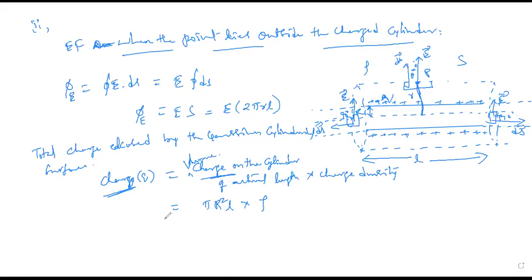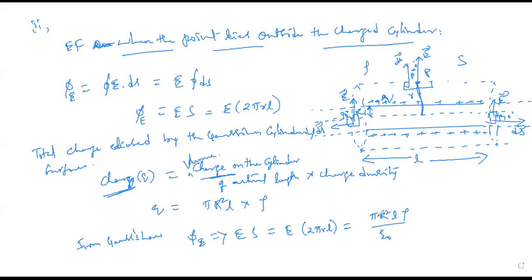So here we got the Q expression. Now from Gauss law we can write E into S, that is E into 2 pi r L, is equal to, in place of Q, pi R square L into rho by epsilon naught.